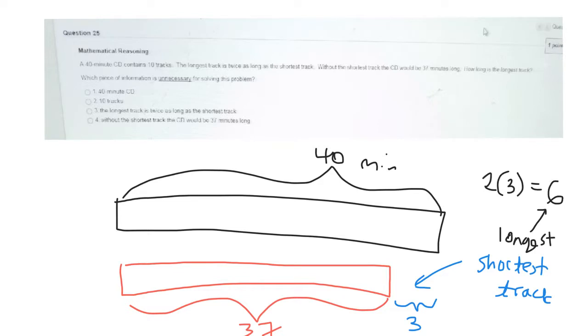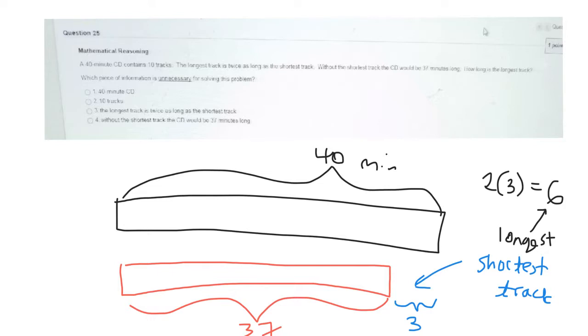Great. Which piece of information was unnecessary? The fact that it was a 40-minute CD? No, we needed to know that to solve this problem, because we needed to know the 40-minute, 37-minute disparity, the 3-minute disparity. The fact that we have 10 tracks, did we need to know that? No. We did not need to know that there are 10 total tracks.